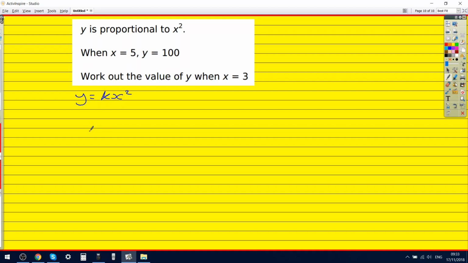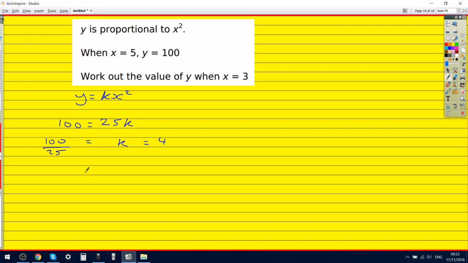So 100 equals k times 25, 25k. And then I do 100 divided by 25 to get k, so I think that's 4.